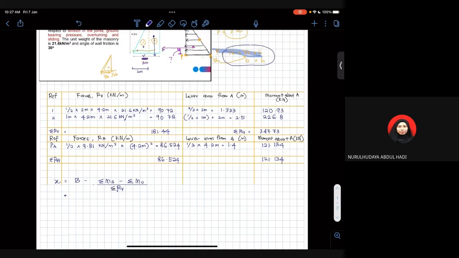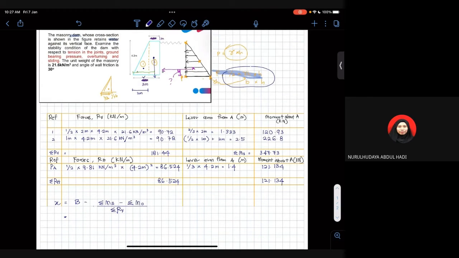For our question, I tukar. Dalam handout you masih lagi macam soalan lama, tapi I tak sukalah pakai sama dengan soalan dulu. So I tukar. B jadi 3 meter. Okay, width of the whole retaining wall tu lah. Cross section tu minus dengan stabilizing moment, overturning moment, and divide with RV.